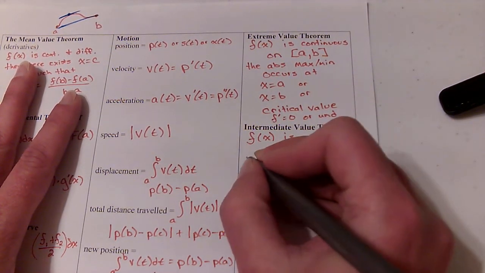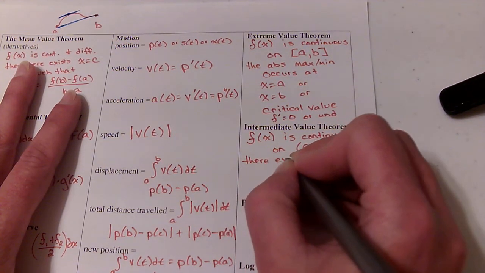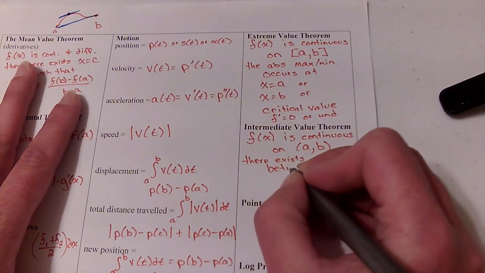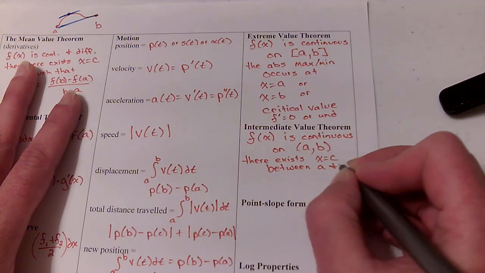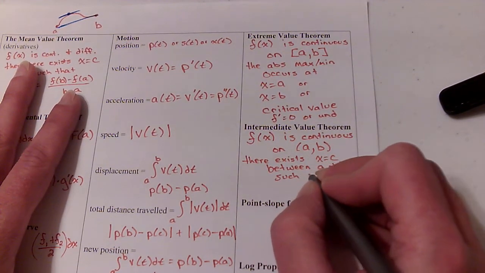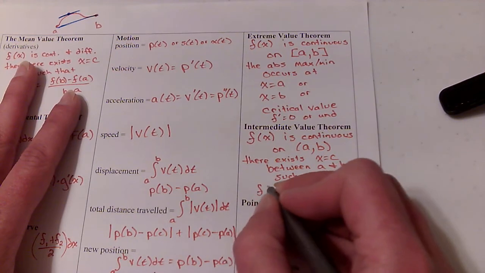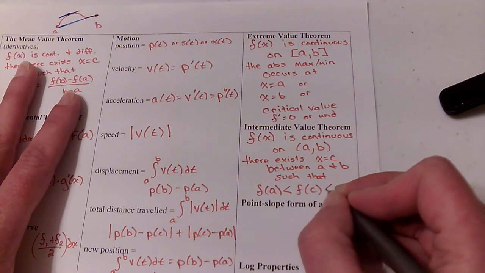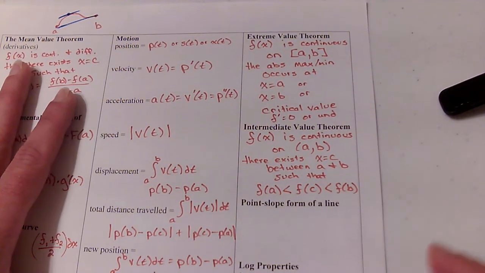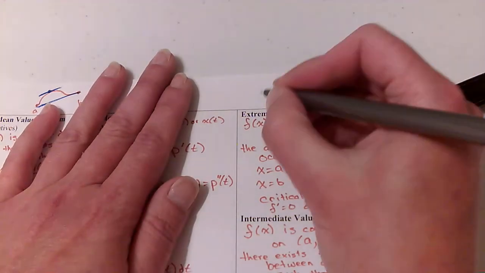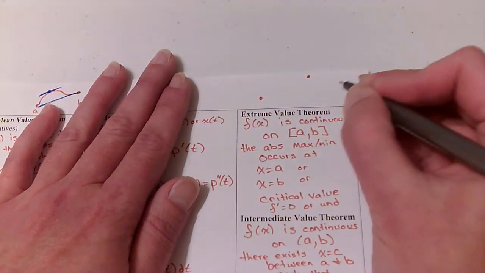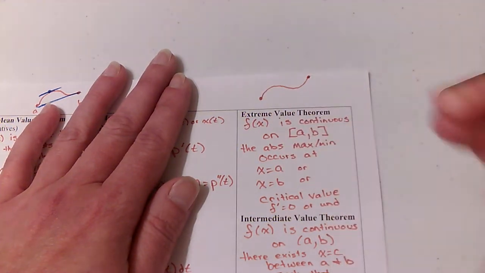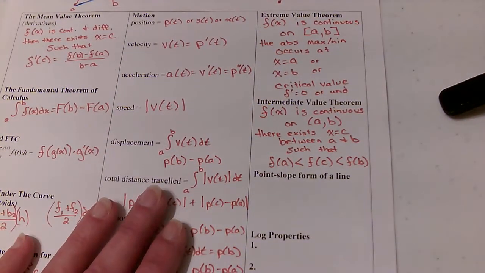If it does, there exists some x equals c between our 2 endpoints, such that f of A is less than f of C is less than f of B. In other words, let me draw a picture. If I start at this point and end at this point, I am going to go through every single y value between them. That's all IVT says.